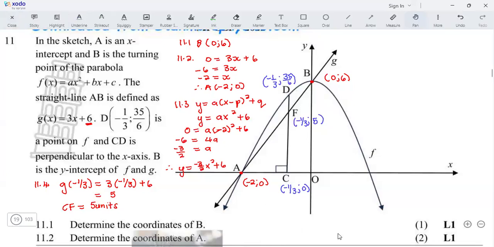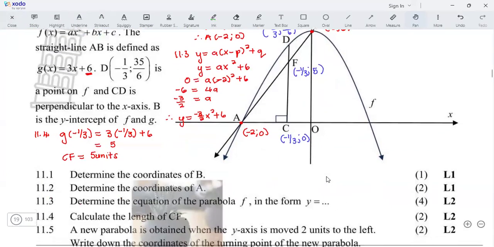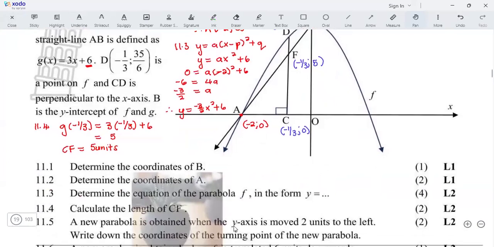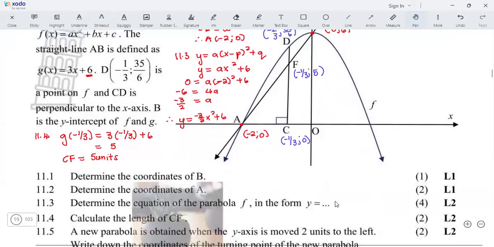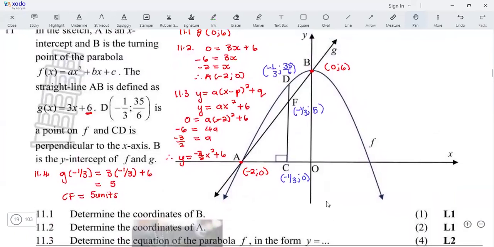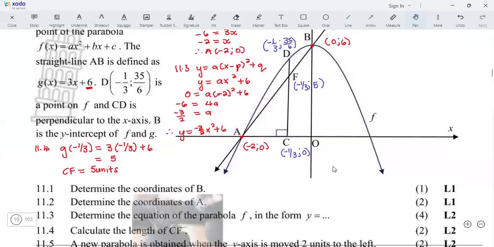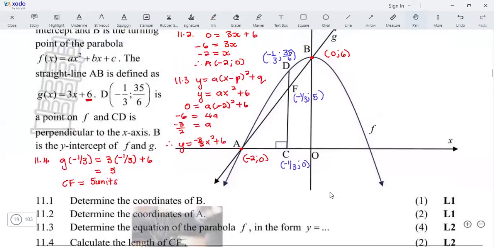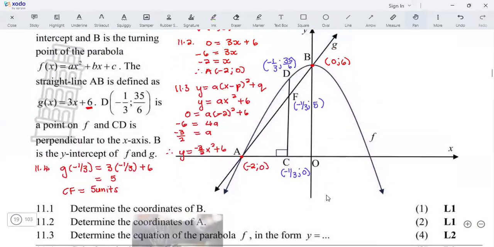Done. Let's look at the next one. It says a new parabola is obtained when the y-axis is moved 2 units to the left. Write down the coordinates of the turning point of the new parabola. So you're shifting 2 units to the left. Now, you're going to take the turning point. The turning point was (0; 6). Take the 0, shift it 2 units to the left, which means we would have shifted it to -2.